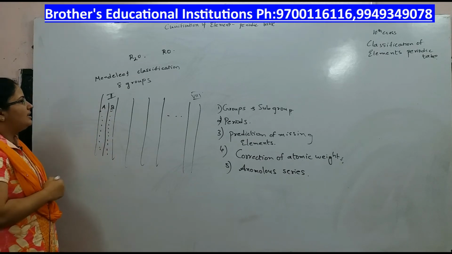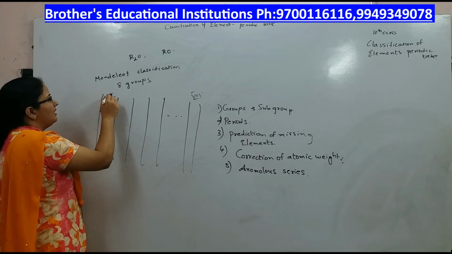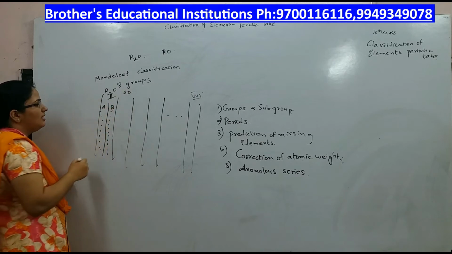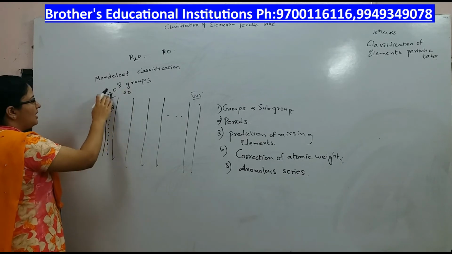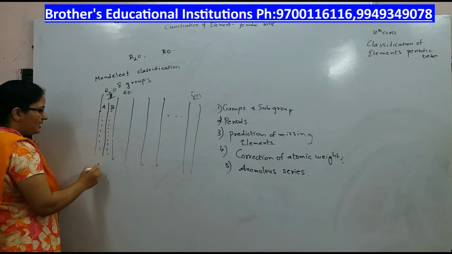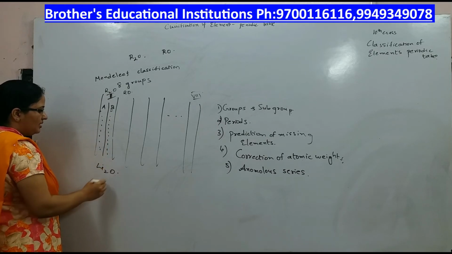Now, he gave a specific formula like R2O, RO for the groups. For example, R2O means in place of R you can put any element of the first group, for example lithium oxide, Na2O.